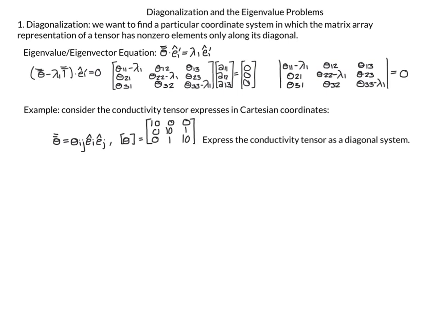And I have added here our eigenvector eigenvalue equation. This is the one where we subtract lambda 1 from both sides of the equation, and then we use the unit tensor to write this as a matrix equation, which I have here. This matrix equation represents a set of 3 homogeneous linear equations, and we're solving for A11, A12, A13.